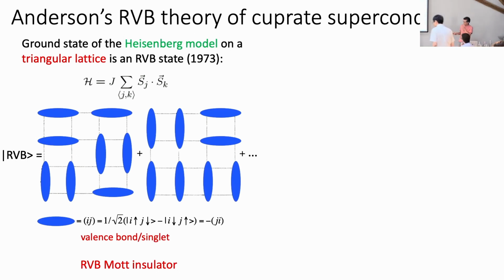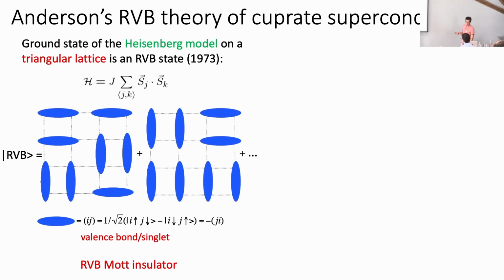Though I draw a square lattice, but okay, this is the covering with the dimers of the lattice, and a linear combination of all these would be an RVB state, and this would be a picture of an RVB insulator. Even though in the triangular lattice, we know that the Heisenberg model would have a 120 degrees state.